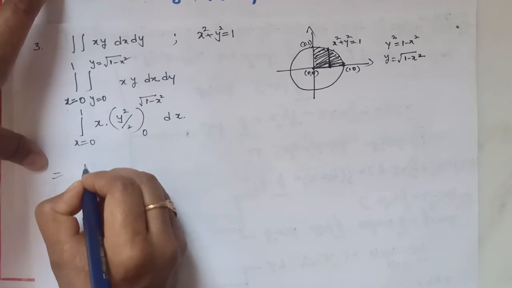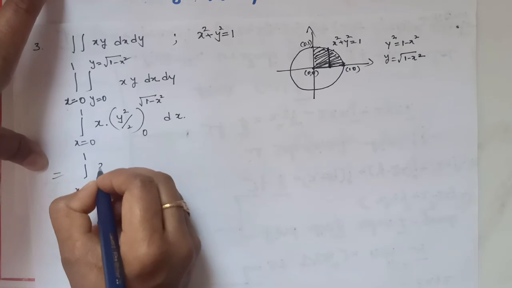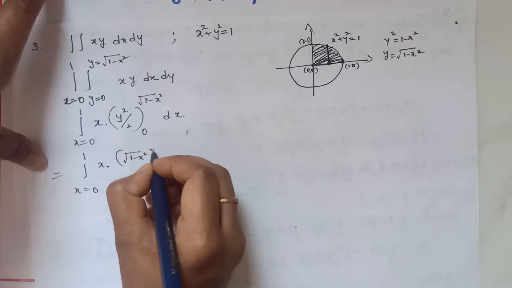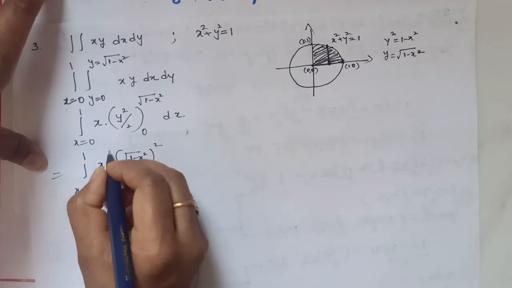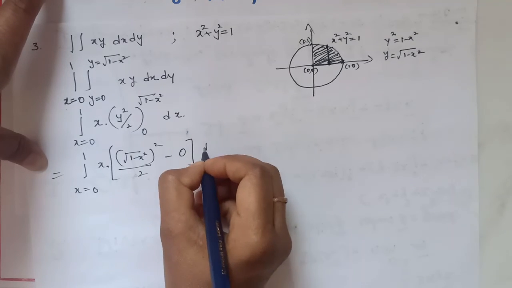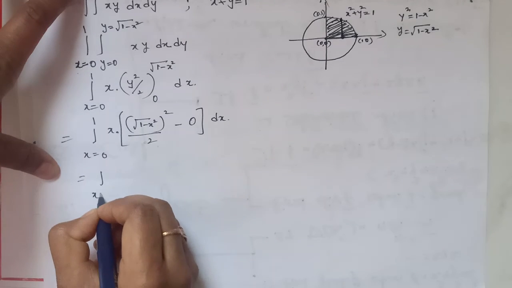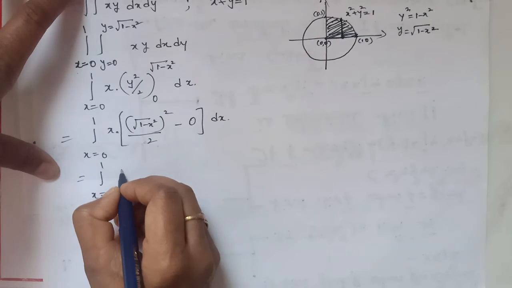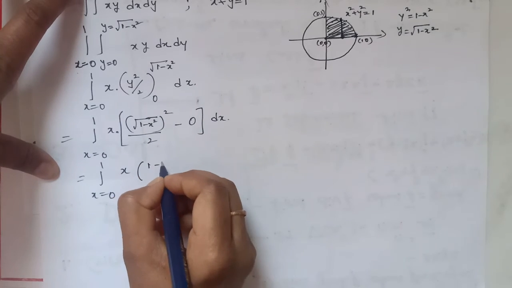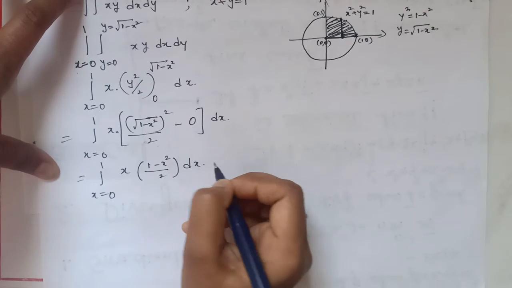So this is equal to integral x is equal to 0 to 1 x into under root 1 minus x square whole square by 2 minus lower limit is 0 into dx. This is equal to integral x is equal to 0 to 1 x into root square cancel 1 minus x square by 2 into dx.